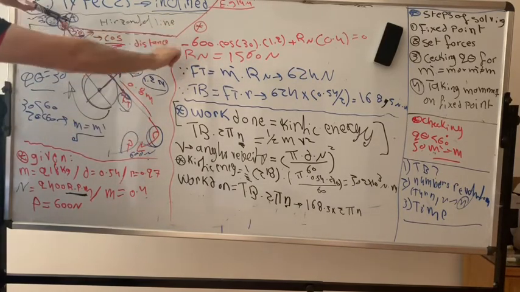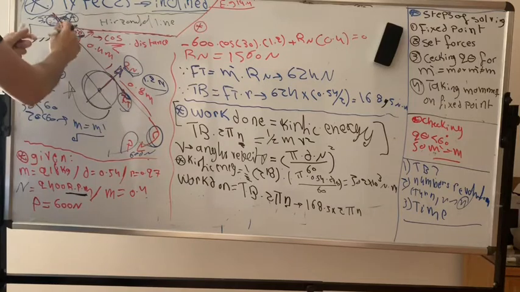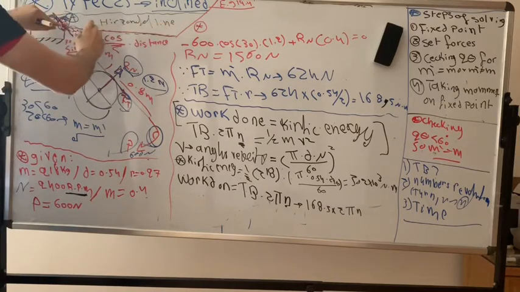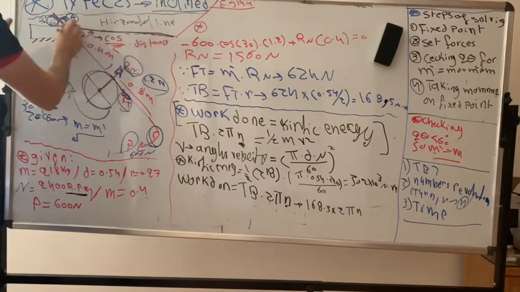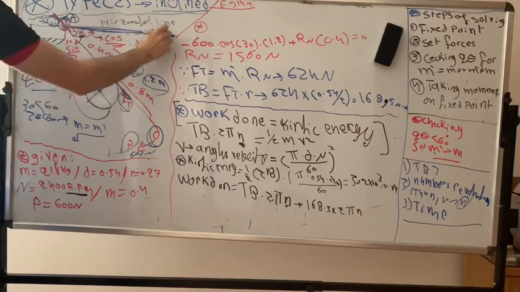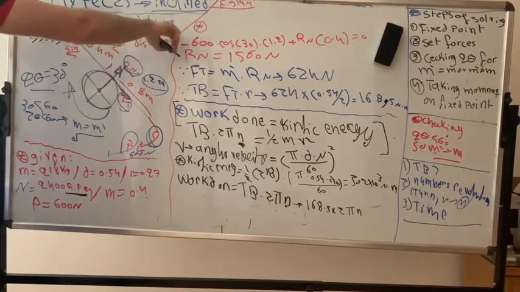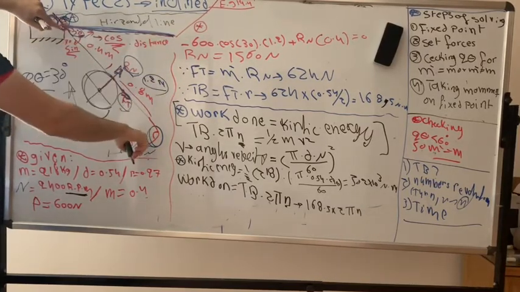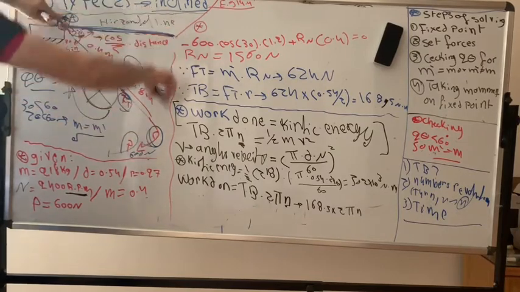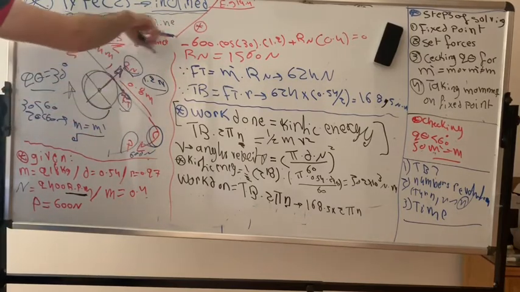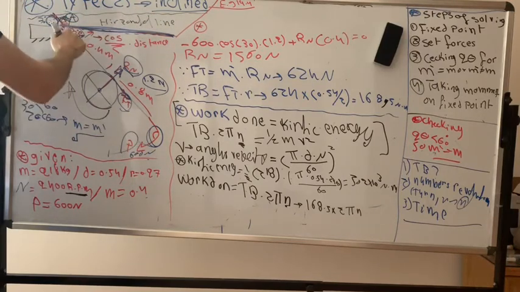So the 30 degrees is close by this distance. If it was close by the vertical distance for this force, the original was here and inclined here, the 30 degrees was close by the vertical distance for the force, I take cosine.